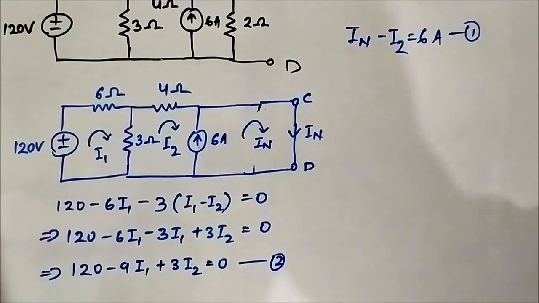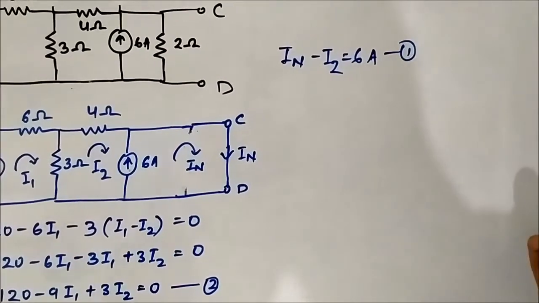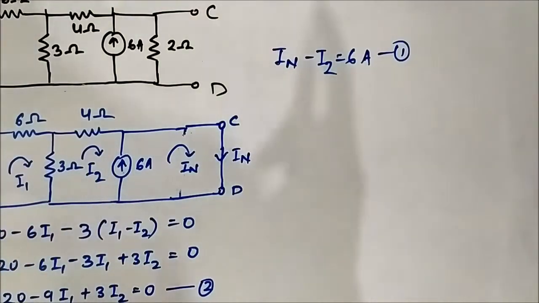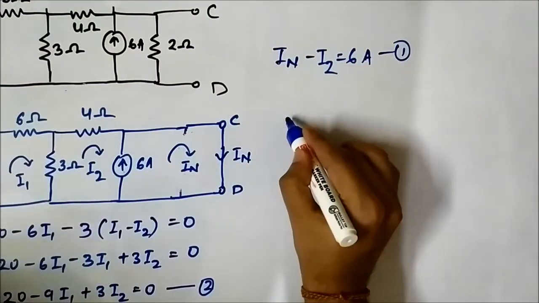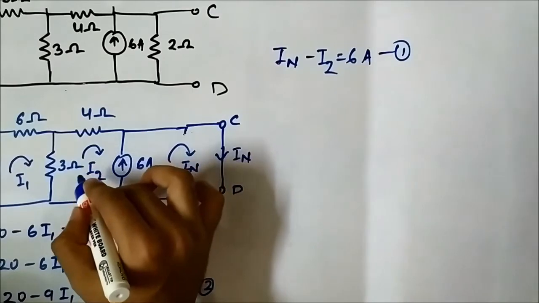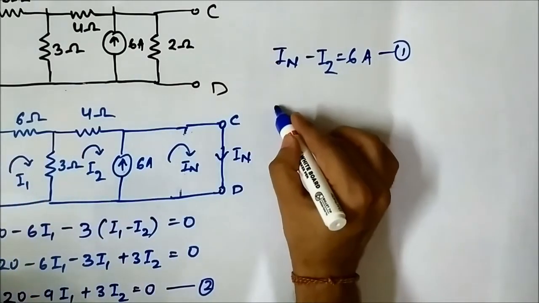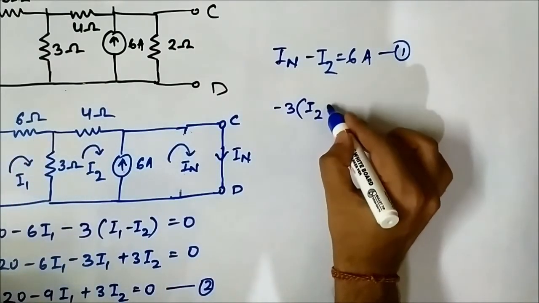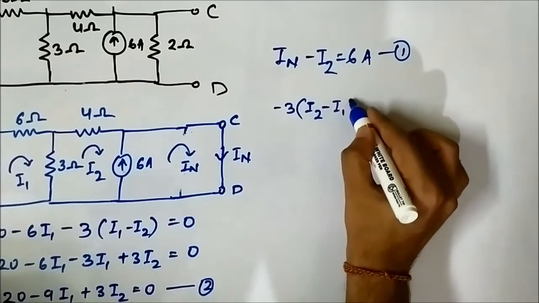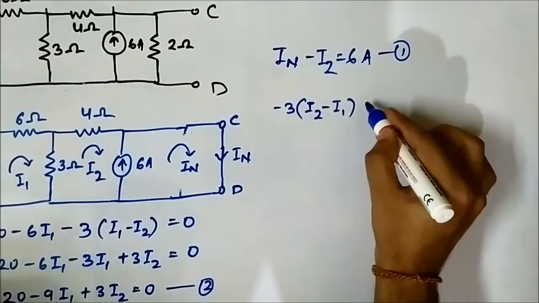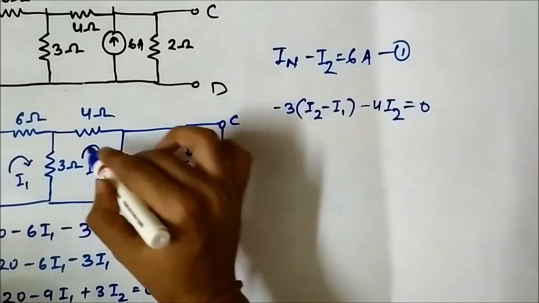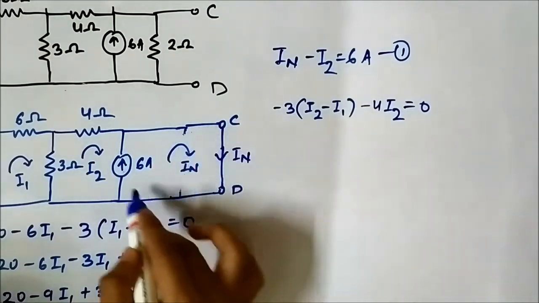Now we will apply KVL to mesh number 2 and 3 combined, the super mesh. Here I2 is the reference: minus 3 into (I2 minus I1), because they are in opposite direction, minus 4I2, equals 0, because there is no resistor in this mesh.